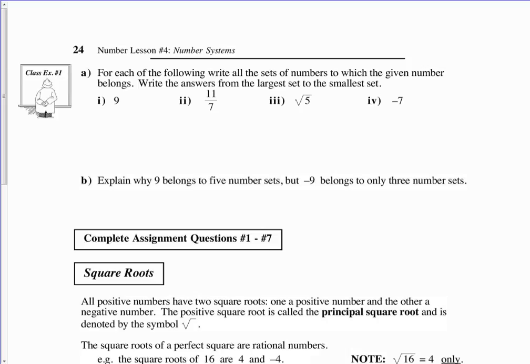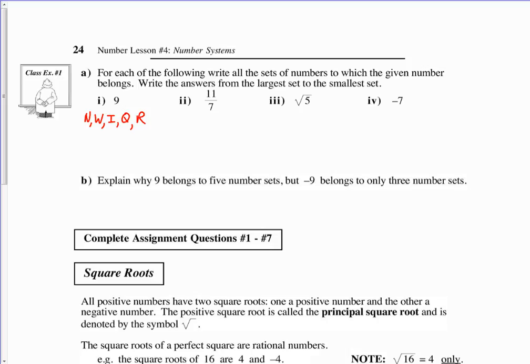Natural. So it's a natural number. If it's a natural, it's also automatically a whole number. It's also inside of an integer. It's also inside the rational, and everything is inside real. So natural, whole, integer, rational. If you have a natural number, it automatically is in all 5 of those.